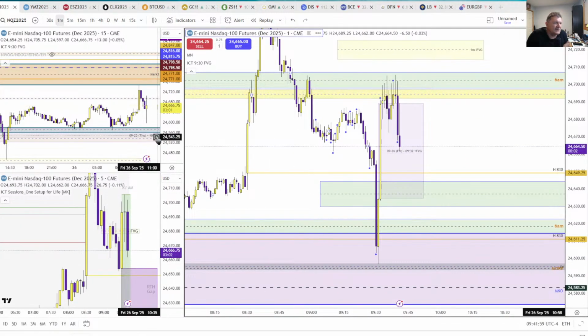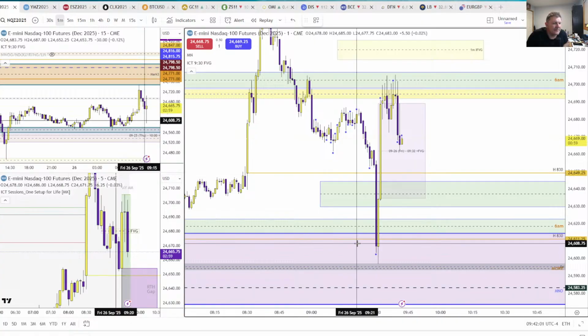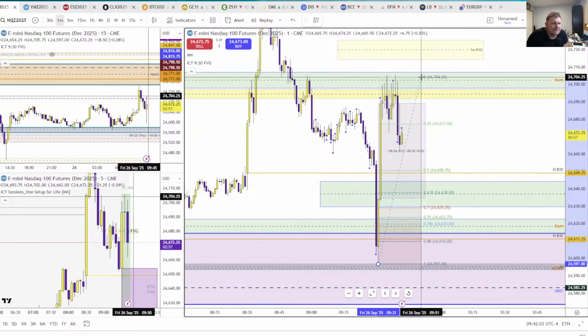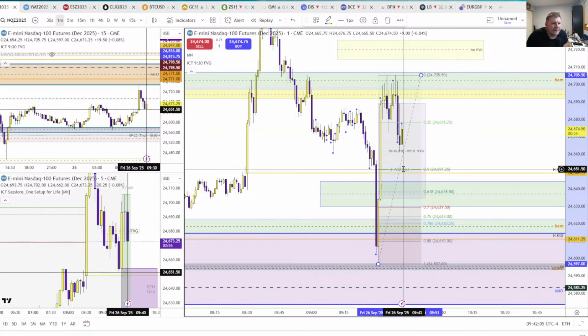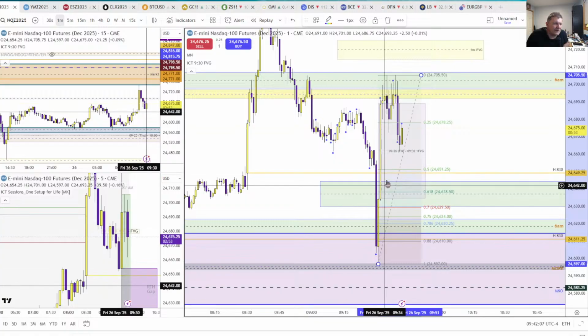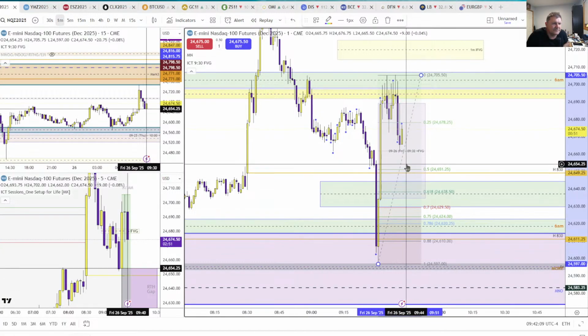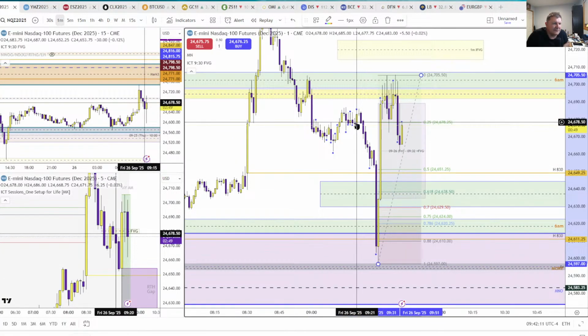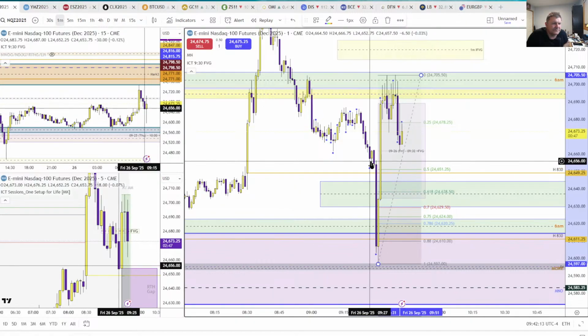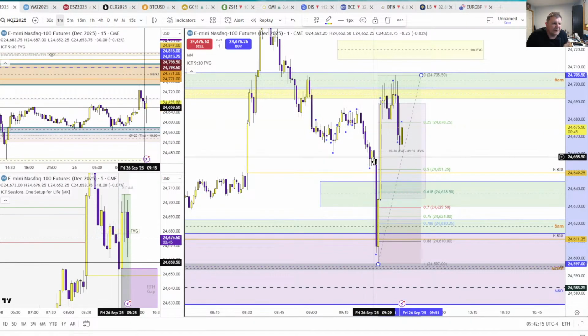If you pull 50% of that range, that's down here, and that's right on top of that first SIBI. So we'll see if this gets reclaimed to go lower. And then we're on between these two.